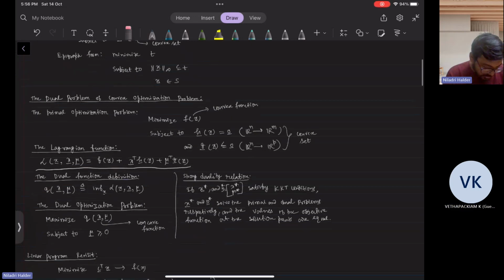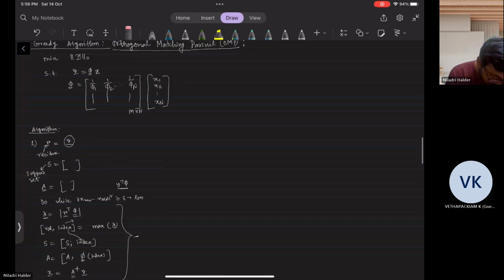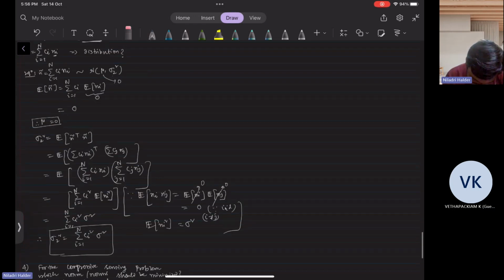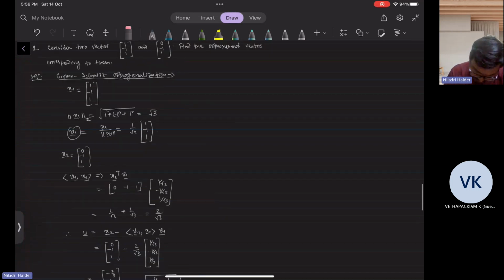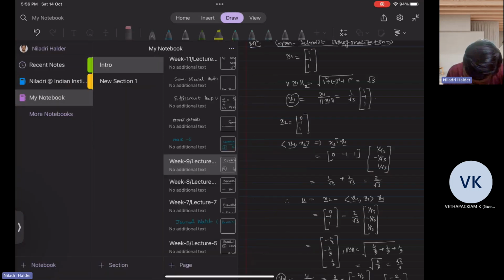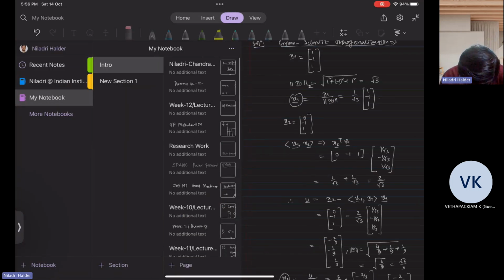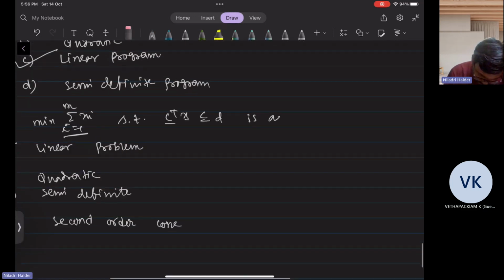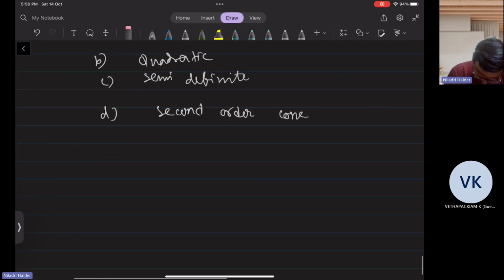A is given. So the solution is like that only. I think this question also I've solved, but still I can solve it. Let's open the latest lecture, which was 12. So the solution is like this only.